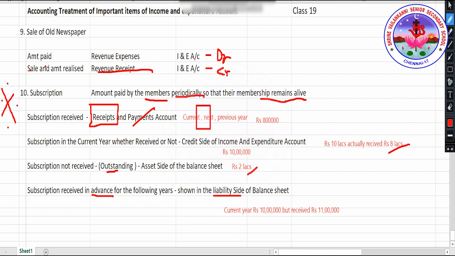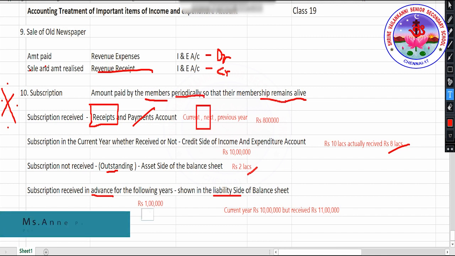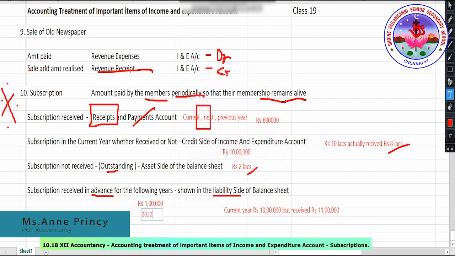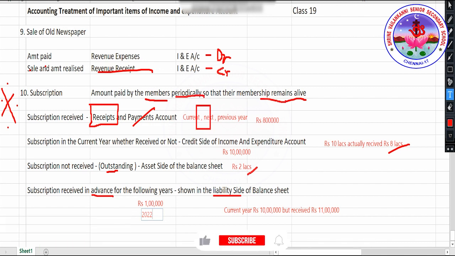You need to show it on the liability side of the balance sheet, rupees 1 lakh. It is a liability because it is not related to the current year but to the following years. Say, for example, it is related to 2022, but we have received it in 2021 itself. Then it is to be recorded as a liability.